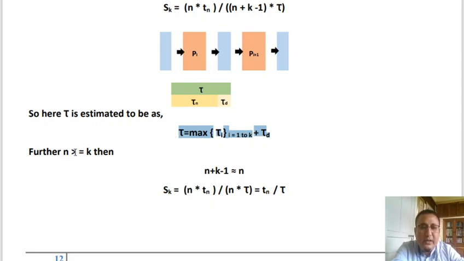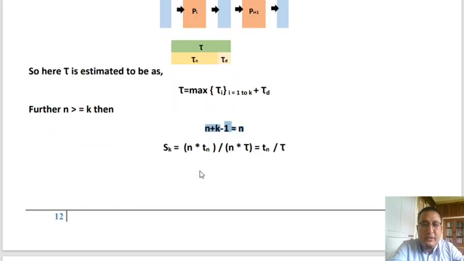In a situation where n is considerably greater than k, where the number of instructions is considerably greater than the number of phases, then n plus k minus 1 can be approximated to n, okay? So S k can be represented, in simplicity, as n into tau n, that is n into the time required for executing a particular instruction.